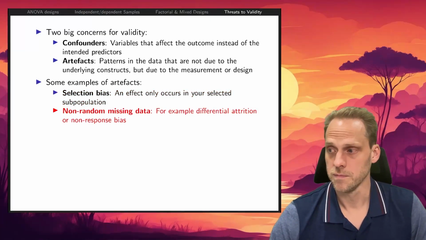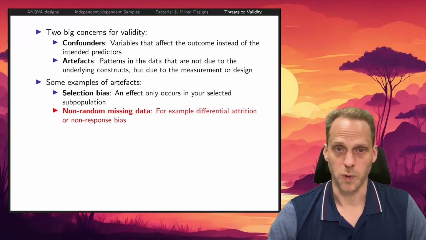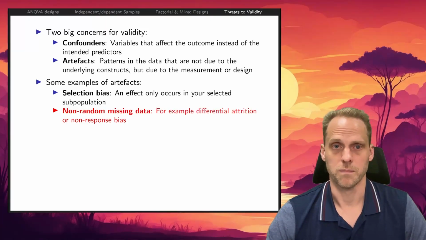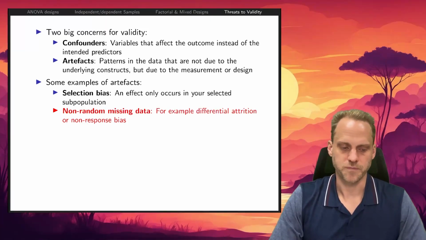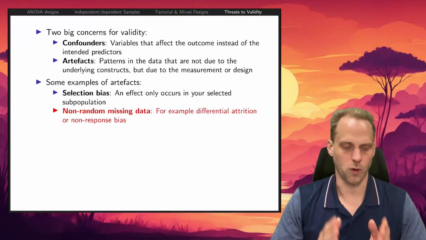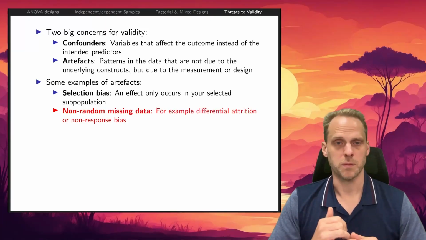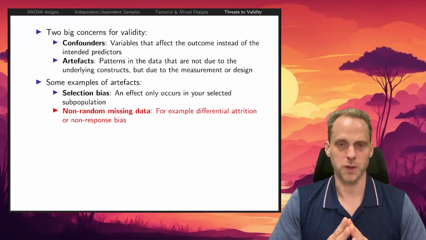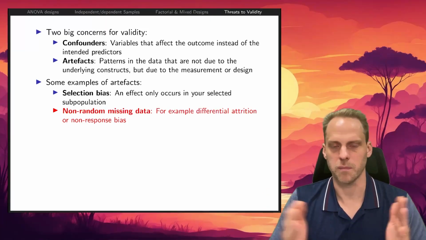Non-random missing data. So this means that if people are not responding to the questionnaire for important reasons. Say we are measuring the effect of loneliness on happiness, but maybe people that are very happy, they are not responding to the questionnaire because they're so happy they don't have time, right?